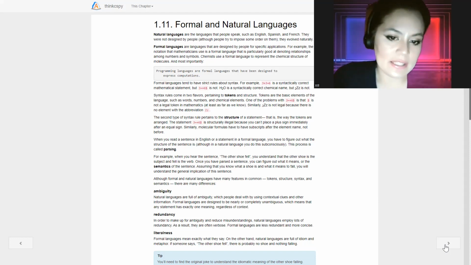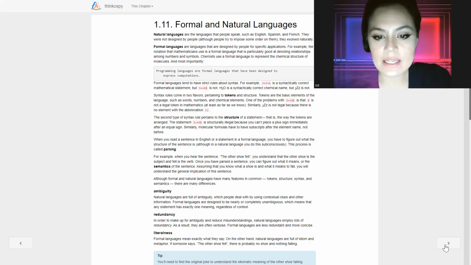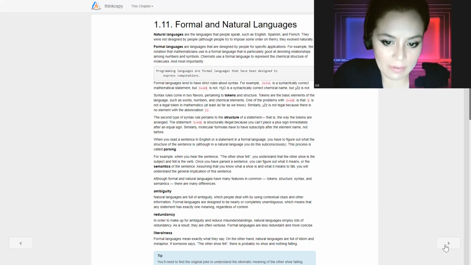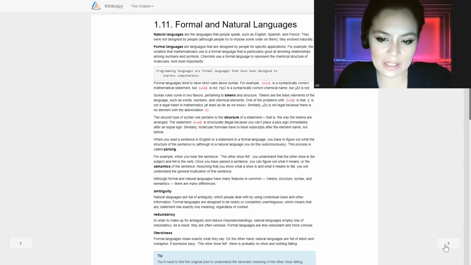When you read a sentence in English or a statement in a formal language, you have to figure out what the structure of the sentence is, although in a natural language, you do this subconsciously. This process is called parsing. For example, when you hear the sentence, "The other shoe fell," you understood that the other shoe is the subject and fell is the verb.